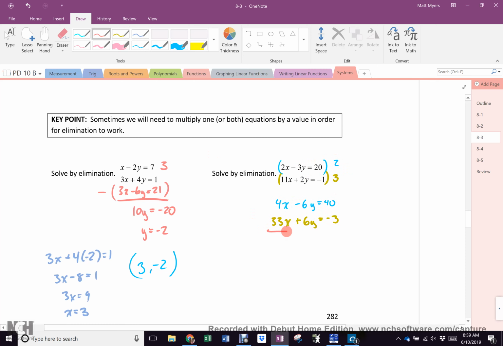Now, is this an add or subtract situation? Why is it add? Because I have a negative and a positive. So I'm going to add.